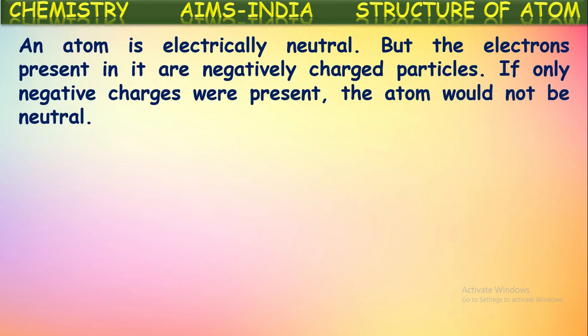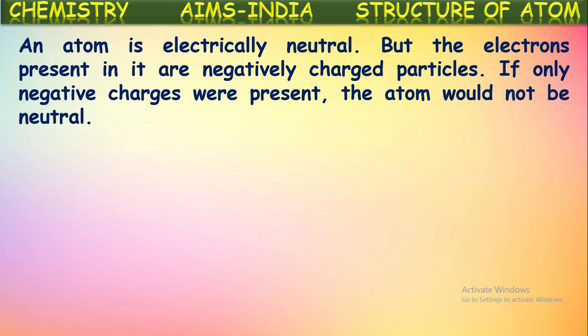An atom is electrically neutral, but the electrons present in it are negatively charged particles. So if only negatively charged particles were present, the atom would not be neutral. After the discovery of electrons, this doubt arose.